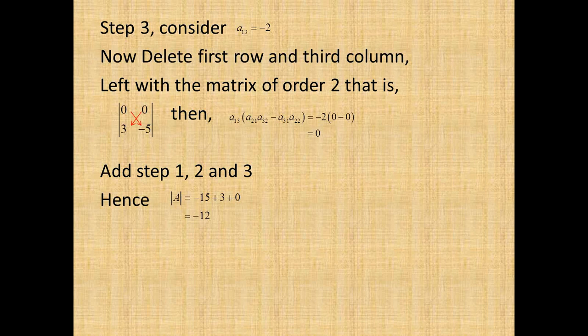That is why in the formula I have written a positive, and for the previous one a negative. Now I add all the steps and the determinant comes out to be minus 12. This is the way we find the determinant of a matrix of order 3. Using this concept of determinants of order 1, 2 and 3, we can do the rest of the questions of exercise 4.1, which are of direct application.